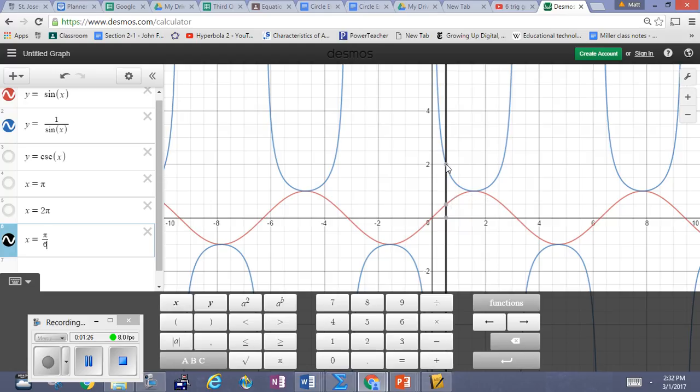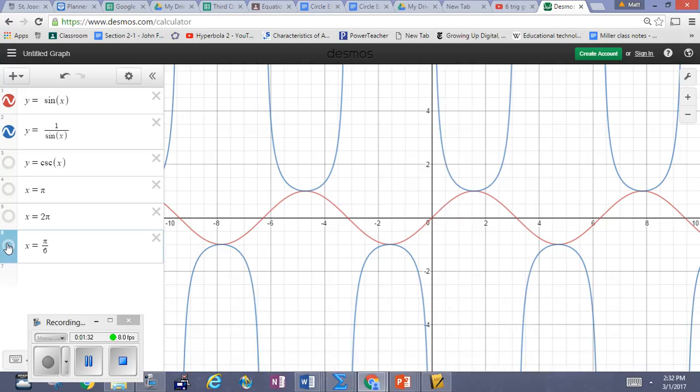But the reciprocal of 0.5 is 2, which is on the reciprocal graph, which is the graph of the cosecant. So, lo and behold, 1 over sine x is the same as the graph of the cosecant x. Take away the sine, there's my cosecant, which is the same as 1 over the sine.